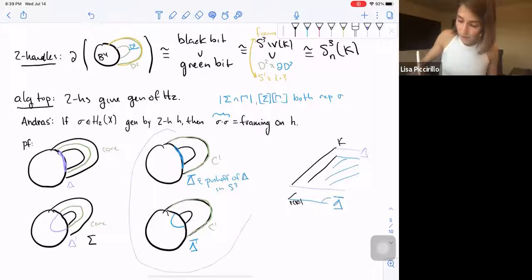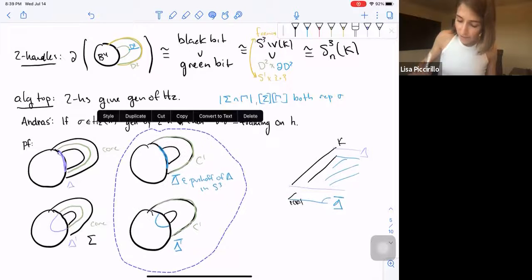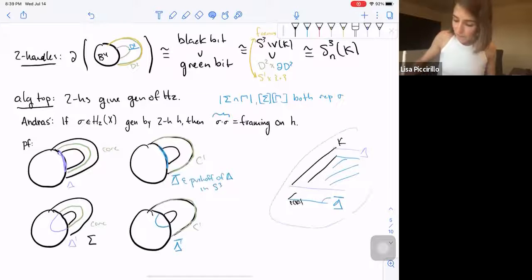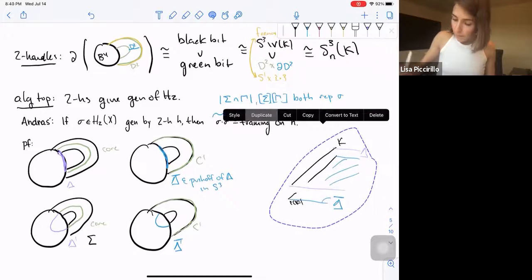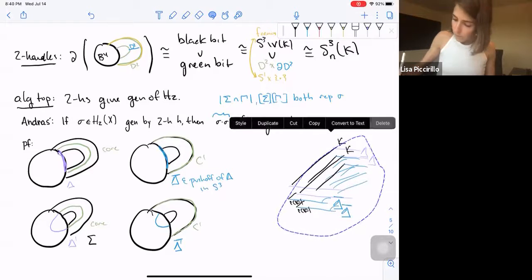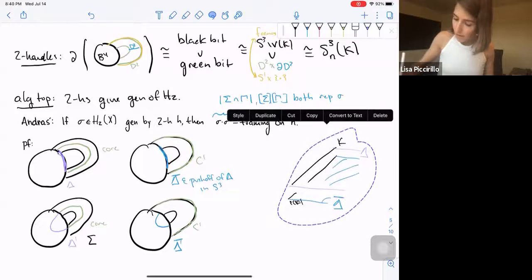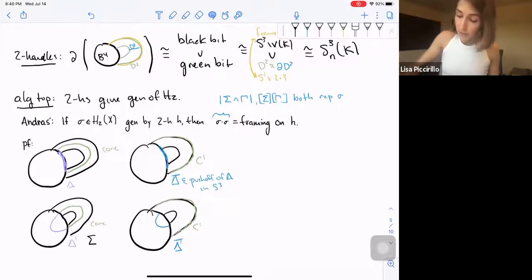These boundaries don't have to match. Let's have a look at what these boundaries actually are, because the boundaries that we're interested in live in the tubular neighborhood of our knot K. So that's a space in a 3-manifold, and we can actually just look.